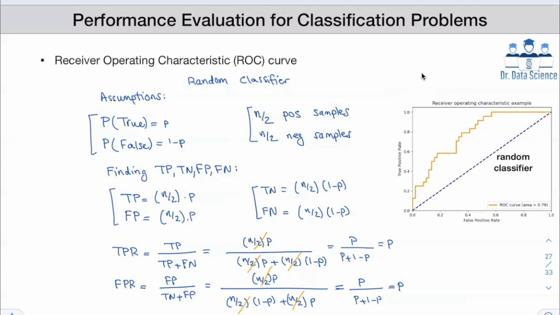What we want is, as I said earlier, the upper left corner. That's the example of a really good classifier.